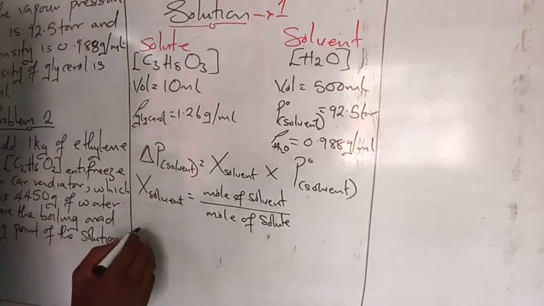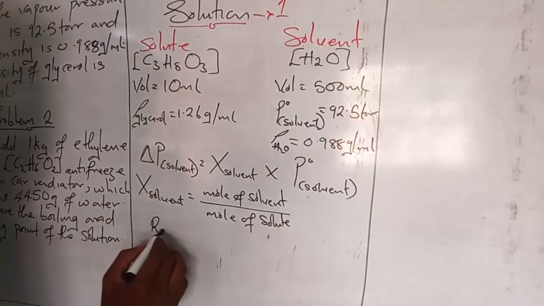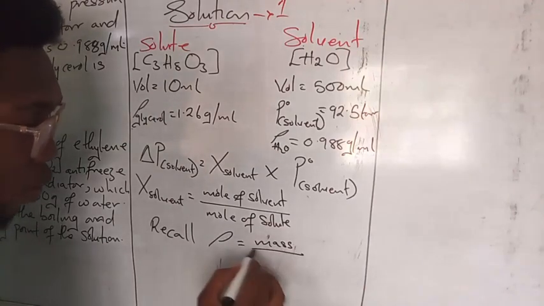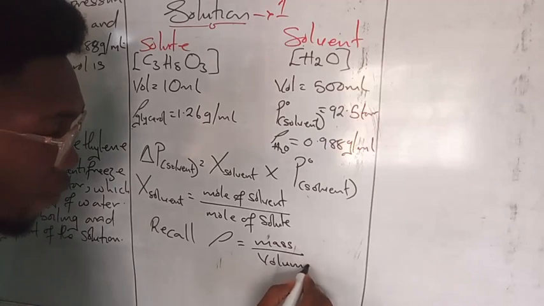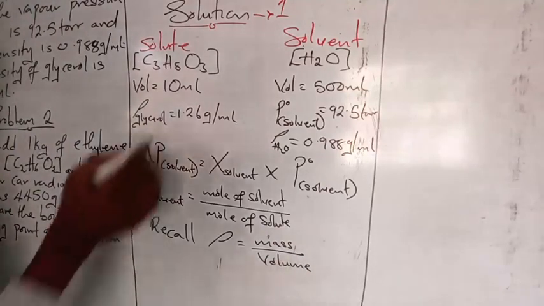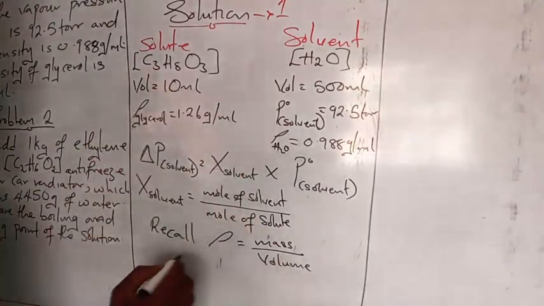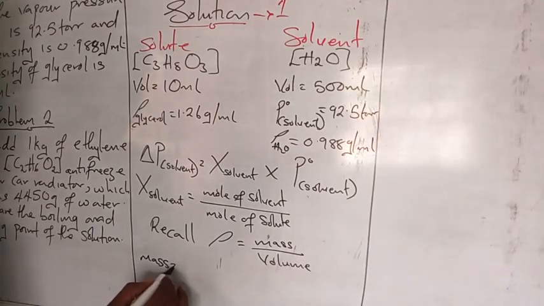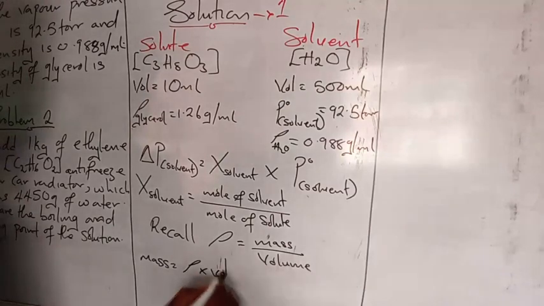Remember that density is equal to mass over volume. They've given us everything in mL, so we don't need to convert. So let's get the mass. That means mass itself is equal to density times volume.